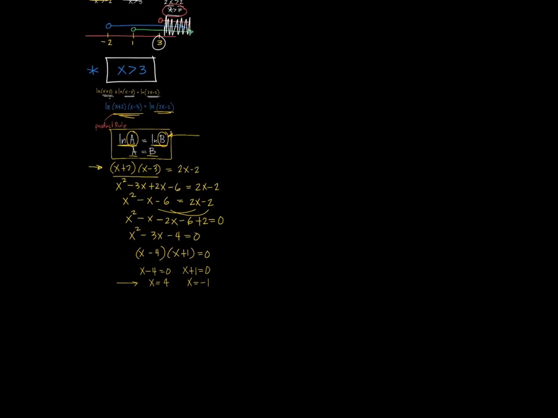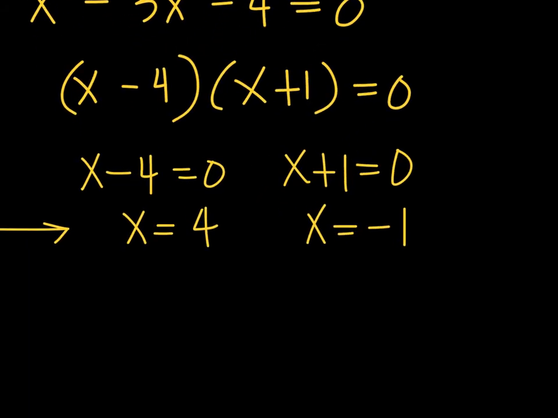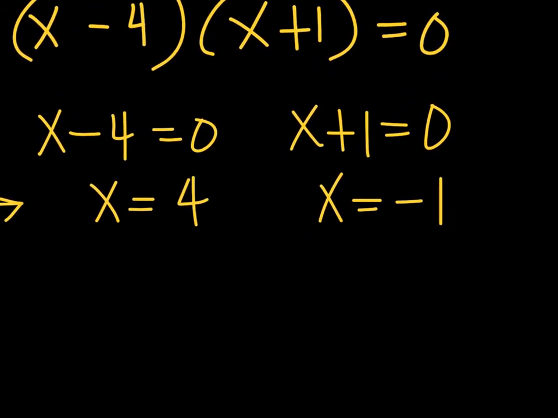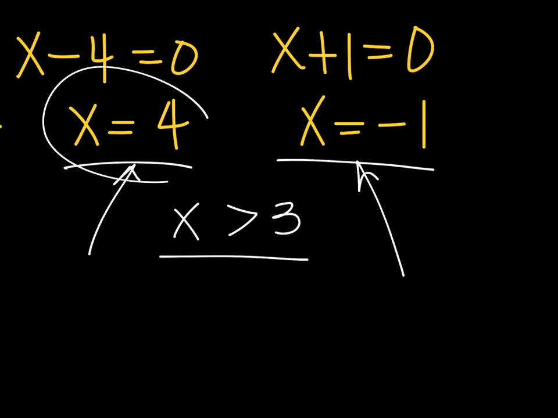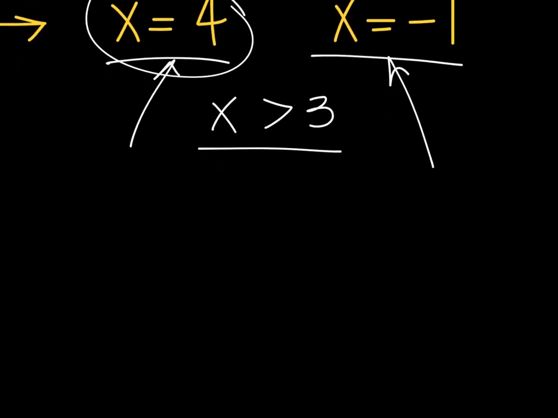So when we reach the solutions x equals 4 and x equals negative 1, keep in mind that x must be bigger than 3 because of the restriction. So one of the solutions will not be accepted. The only x that is bigger than 3 between these two is x equals 4, because negative 1 is less than 3. Therefore, the only solution to this logarithmic equation is x equals 4.